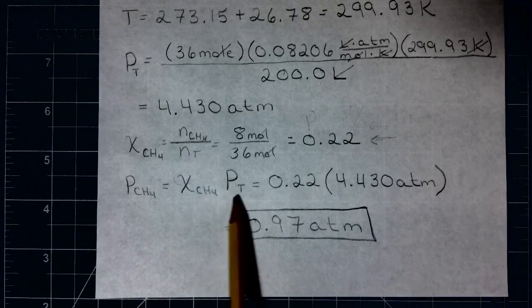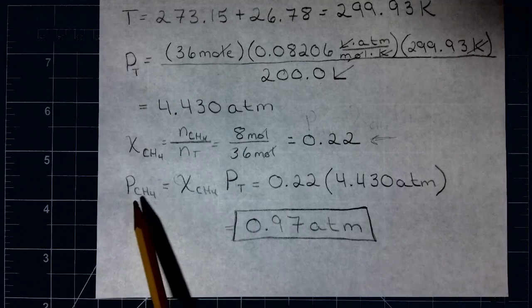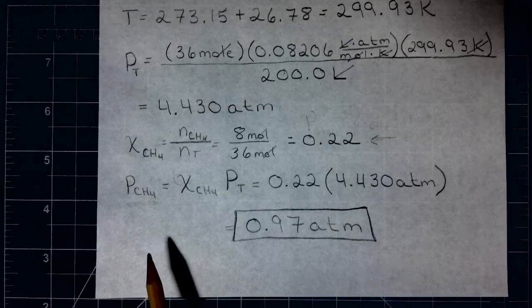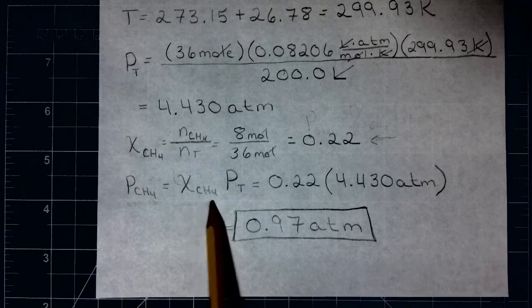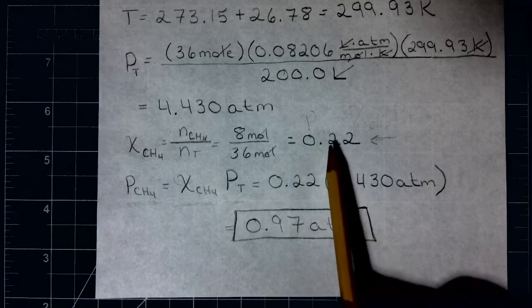Now we get into our Dalton's law problem here, where we're going to say that the partial pressure due to methane is equal to the mole fraction of methane times the total pressure.